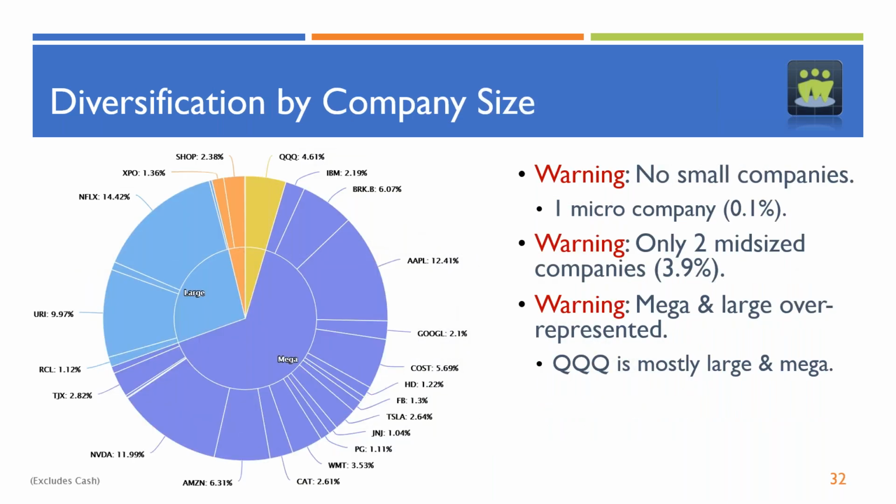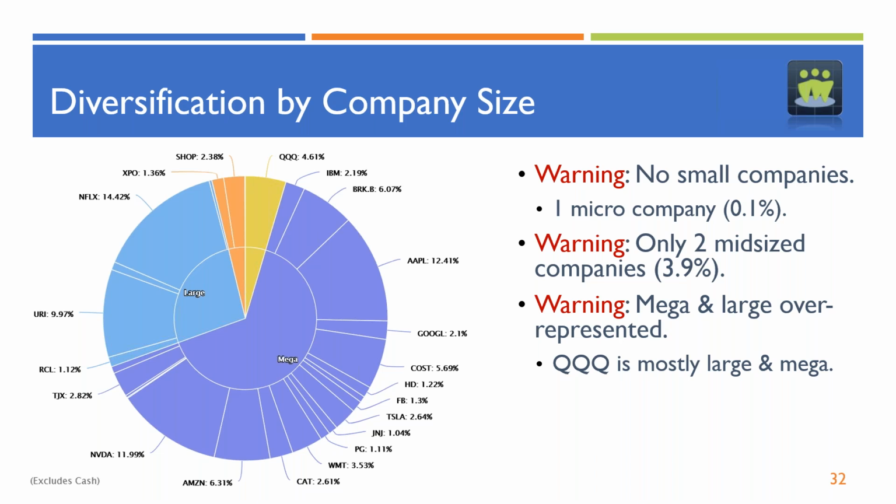By company size, there are no small companies. There's one micro-sized company that is a sliver that's too thin to really appear, 0.1%. There are two mid-sized companies that total 3.9%. That's the orange slice. The rest is mega and large. And QQQ is mostly mega and large as well.